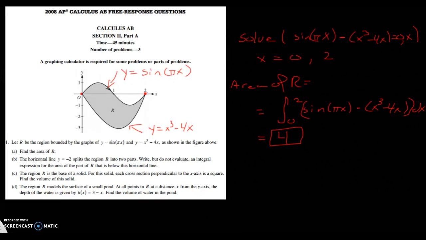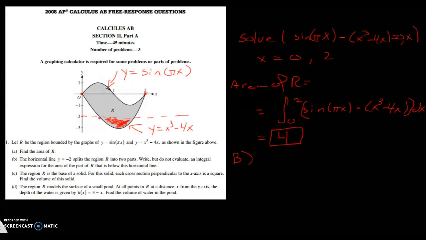Okay, part B. Well, this one you can do by hand technically. Part B says the horizontal line y equals negative 2 splits the region into two parts. But do not evaluate an integral expression for the area of the part of R that is below the horizontal line. So you have this line and it wants you to find this area over here.